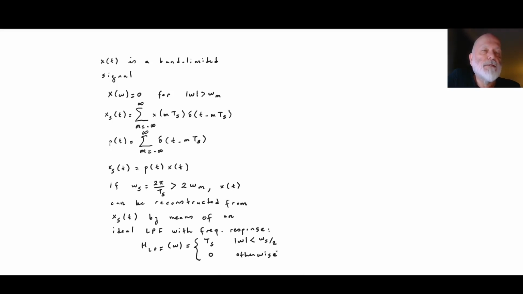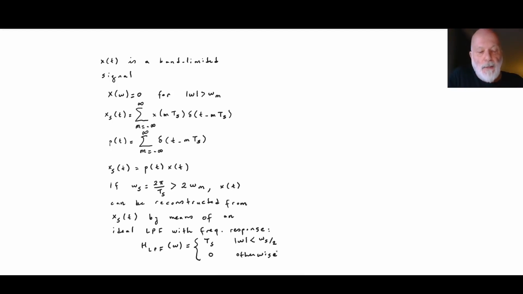So x of t is recovered from its samples. This is only possible if omega s, the sampling frequency, is greater than 2 times omega m. Omega m is, remember, the highest frequency component in the spectrum of x of t, the Fourier transform of x of t.